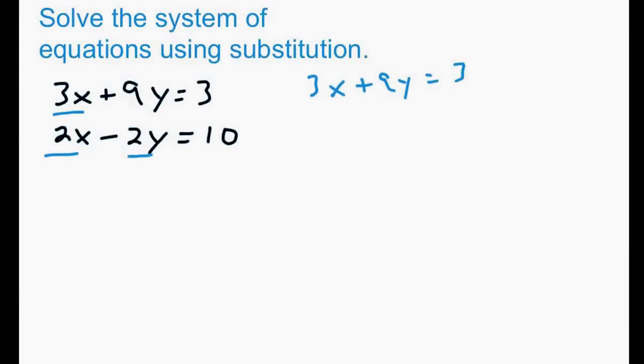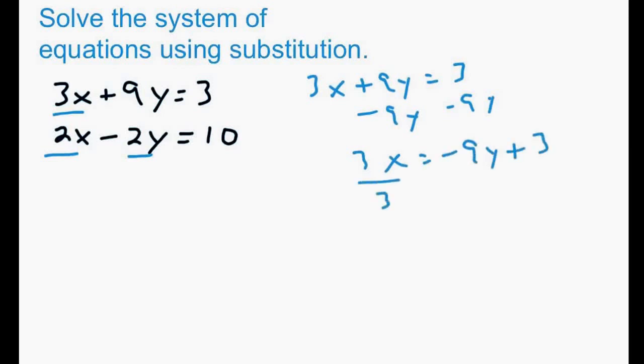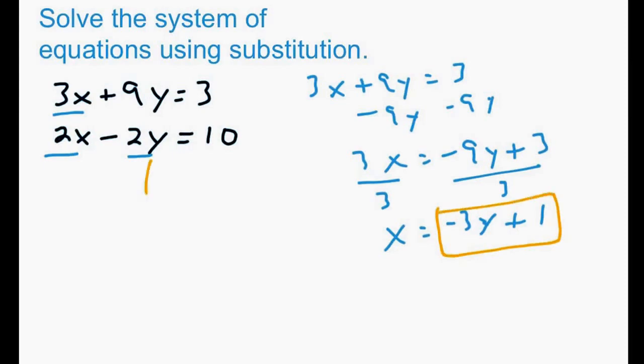I'm going to solve for x, so I'll subtract 9y on both sides. Negative 9y plus 3. I'm going to divide by 3 on both sides. Negative 3y plus 1.